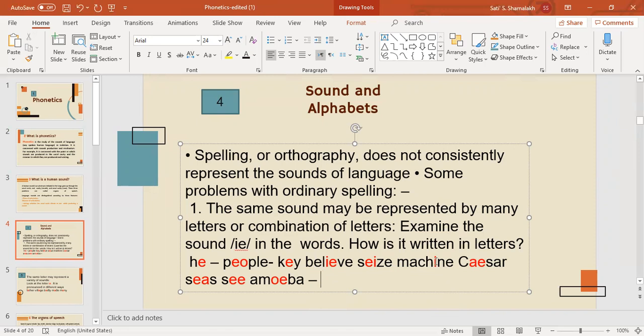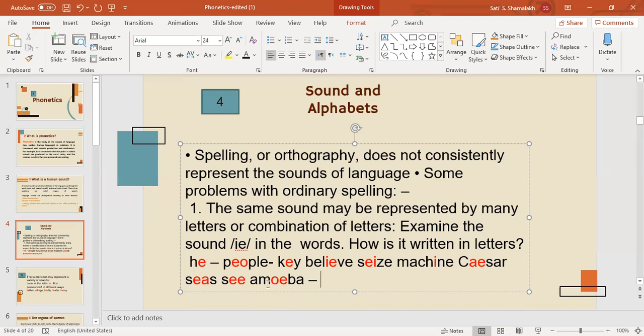Machine, she, okay? Only the letter I, but it is pronounced E. Caesar, A-E, but it is pronounced E, okay? Sees, E-A, the sound E, but the letters E-A. C, the sound E, double E, the letters E-E.